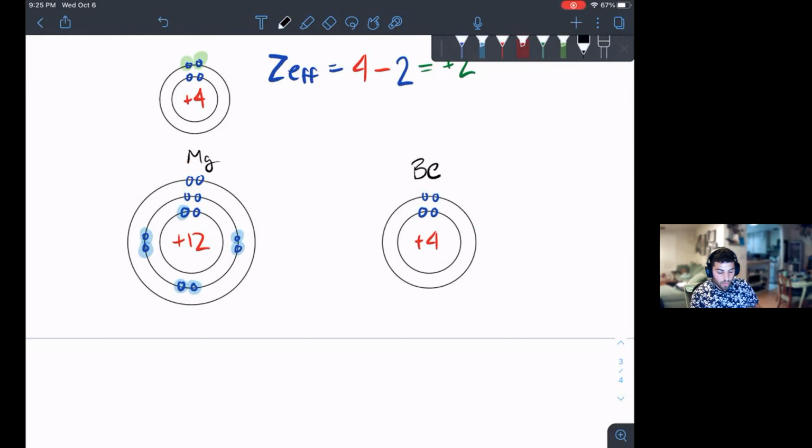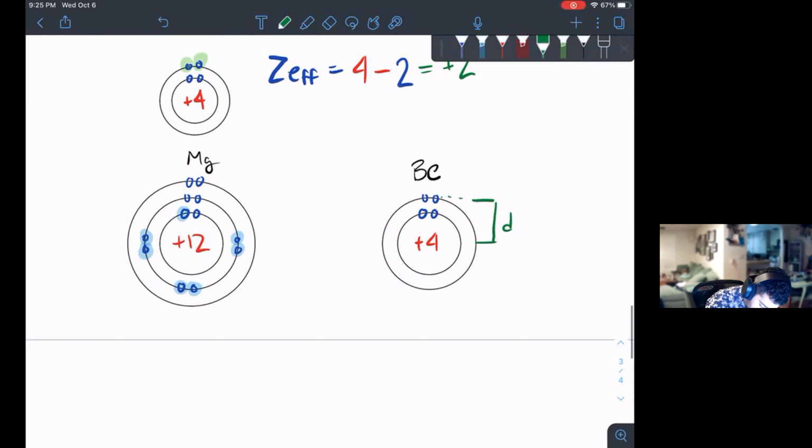And if I look at this, we can see that the electrons on the outside, we'll say distance of beryllium, distance magnesium. And if we compare these distances, the magnesium is a larger distance than the beryllium.